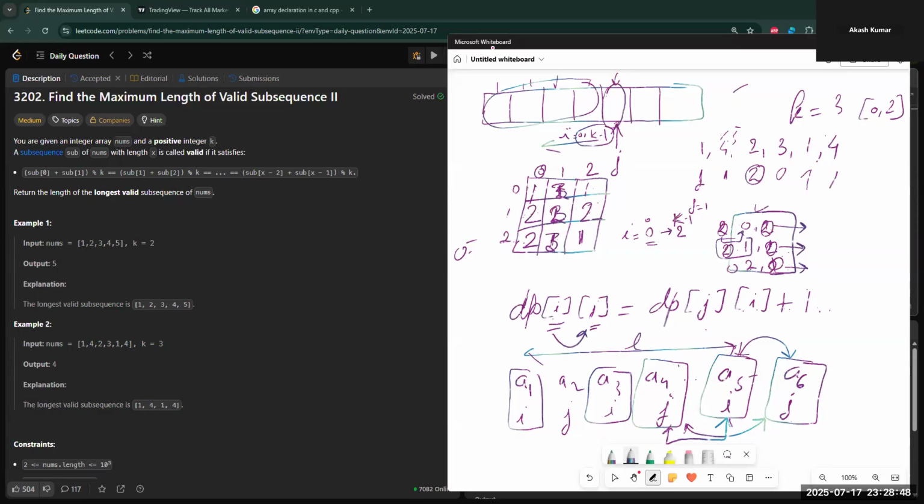Now we have this one again, 1, so we have to form 0 1, 1 1, 2 1. 0 1 is this only, no change.